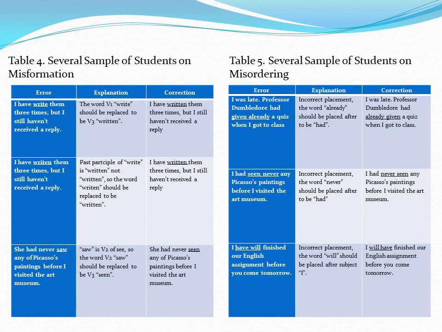Besides omission and addition, the writer also found misformation and misordering that made by students in grammatical error. In table 4 here is several samples of students on misformation, and in table 5 several samples of students on misordering.